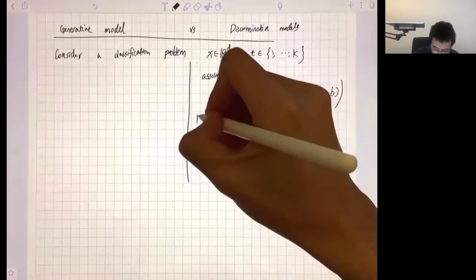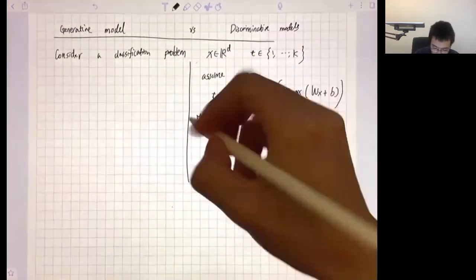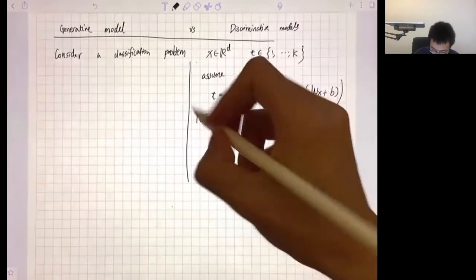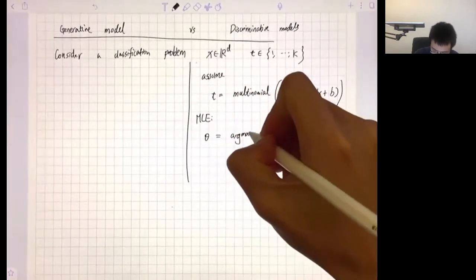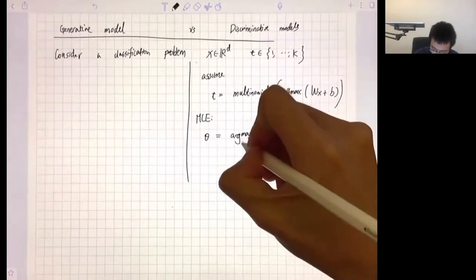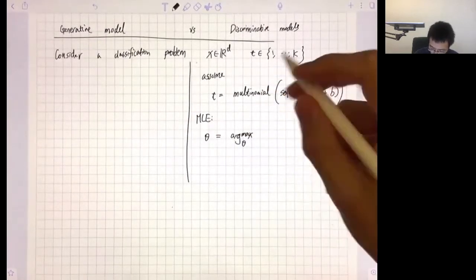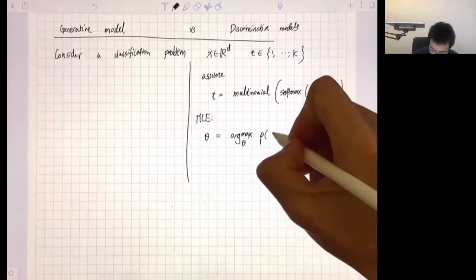And when I do maximum likelihood estimation, I'm maximizing over the parameters, okay? The parameters are the argmax over theta of P of your target.